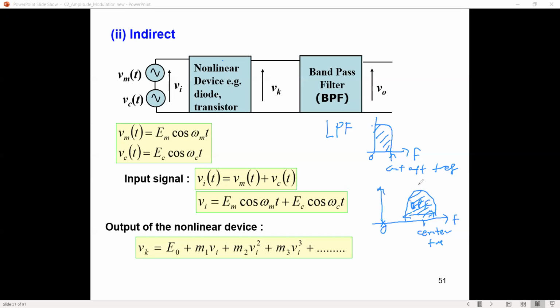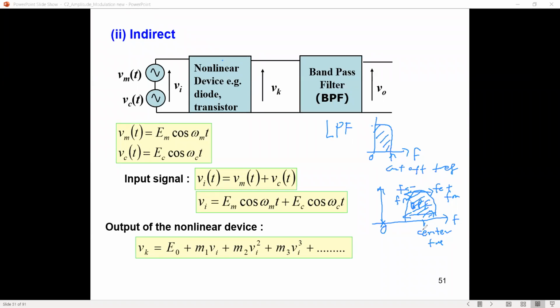A band pass filter only allows FC plus minus half of the bandwidth. If this is FC minus FM and this one is FC plus FM, then the bandwidth is 2 FM. So only this part will be passed from our band pass filter.